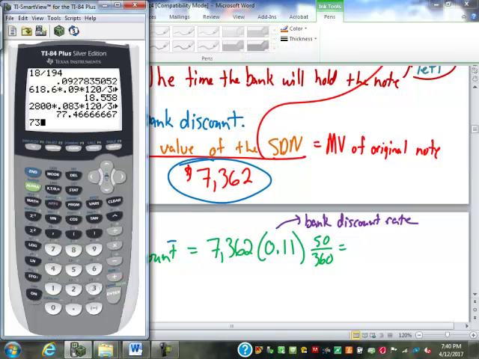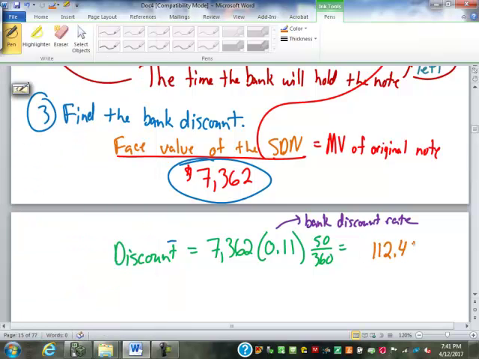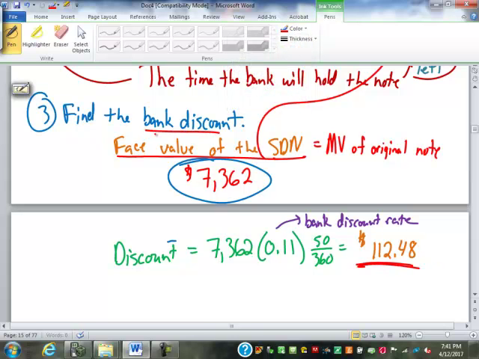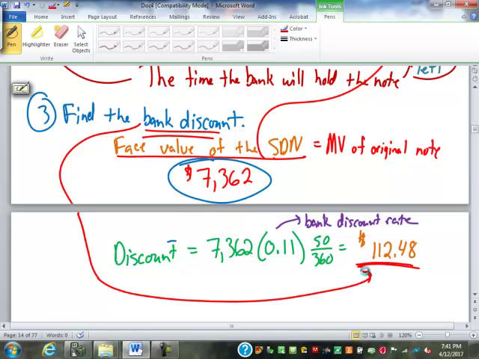So 7,362 times 0.11 times 50 divided by 360 is $112.48. That is the bank's discount. That's how much the bank is charging for giving this money to Tom and waiting to collect it from Kevin.